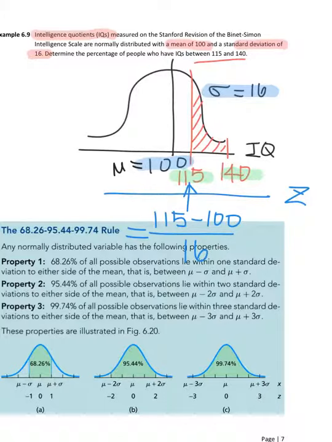How much will it be? 115 minus 100, please take it and then divide by 16. I can expect a positive what? 0.9375. Say again? 0.9375. But remember the z-table: on the z-table we had only 2 decimal places for any kind of z-score.